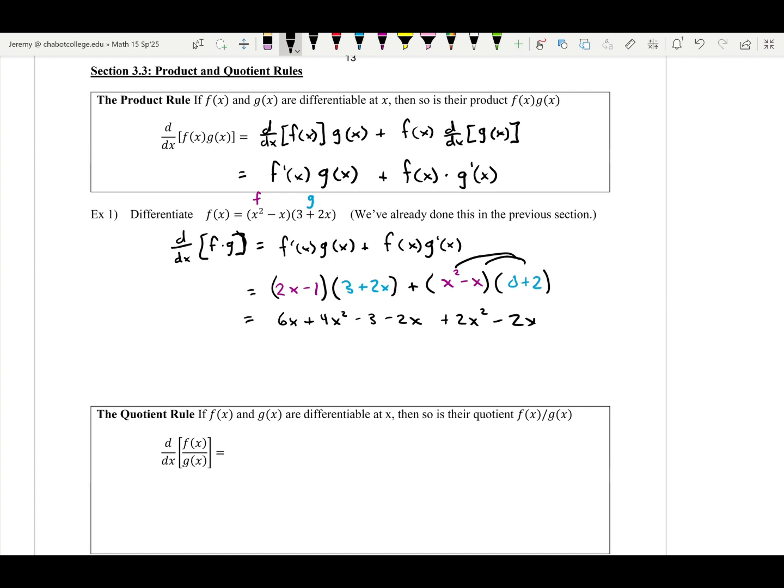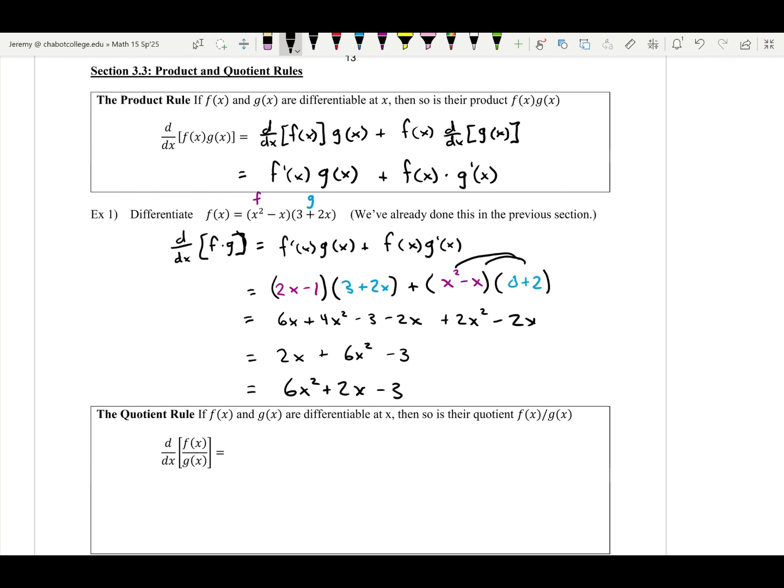And I have some like terms here. I've got 6x, negative 2x, negative 2x, so that's just going to become 2x, plus 6x squared, combining those 2x squared terms, and then the only constant I have is minus 3. I'll rewrite this in general form: 6x squared plus 2x minus 3.